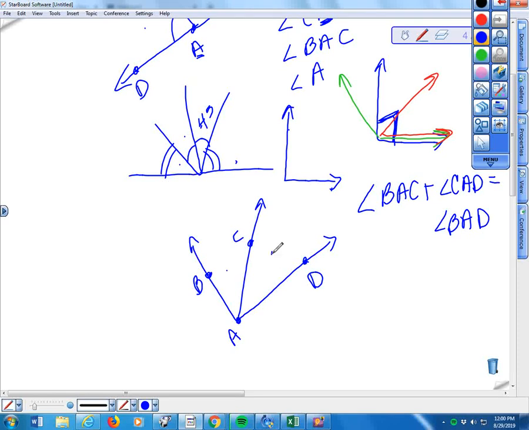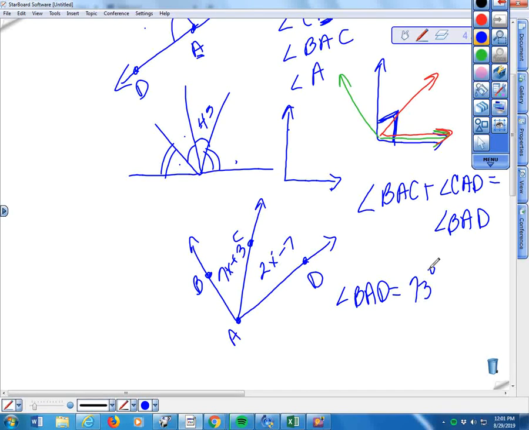Okay, so if you get a drawing like this, and they tell you angle BAD equals 73 degrees, and they want you to solve for either the x or the angle, it's just like the segment addition postulate we did yesterday. If they don't give you a figure, I would recommend you draw a figure so that all the letters make sense to you.